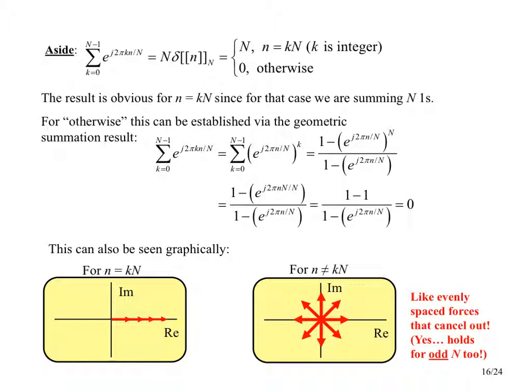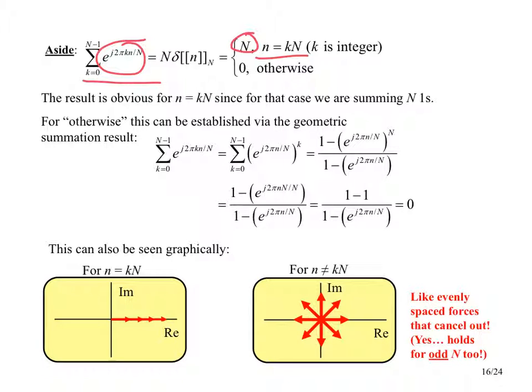So a general result here, summing up a bunch of exponentials of the form that we have, we can show that that's equal to N whenever little n is equal to some integer times capital N, and it's equal to 0 otherwise.